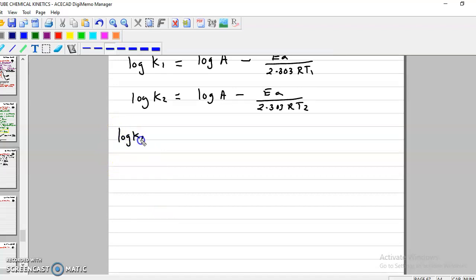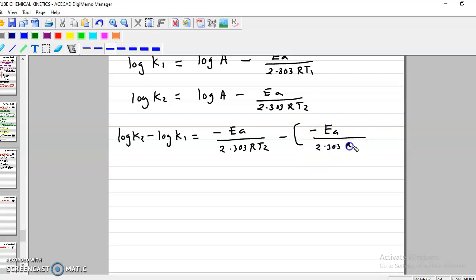So log K2 minus log K1 is equal to, log A minus log A cancelled, so minus Ea upon 2.303 RT2 minus Ea upon 2.303 RT1. Ea upon 2.303 R will be common.